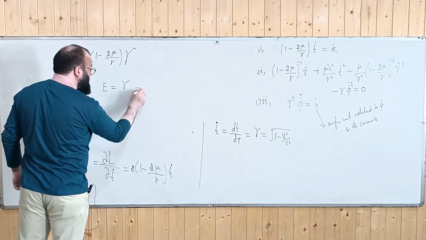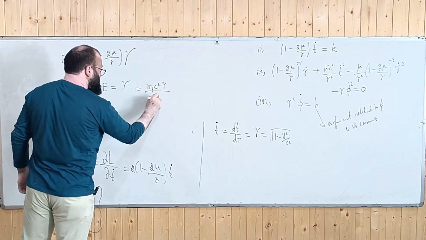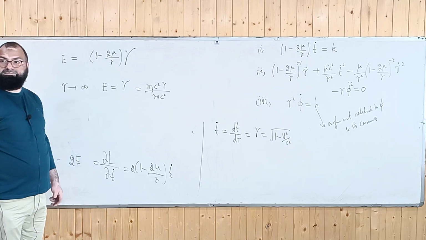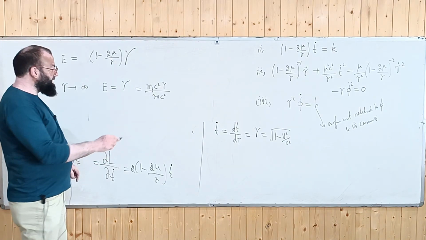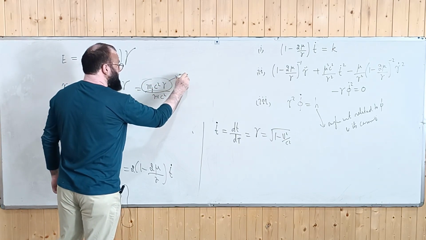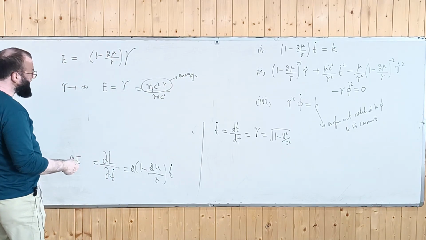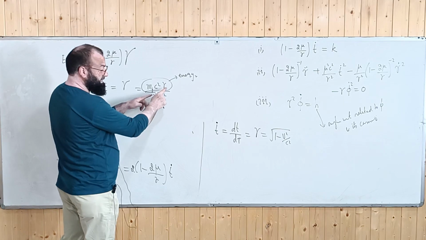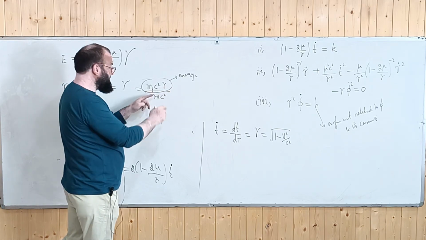Now if I multiply this by mc square, gamma times mc square, can I do it? Now tell me what this object is. This is actually the energy of the particle, so we should actually put the constant k. Is this the energy of a relativistic particle?